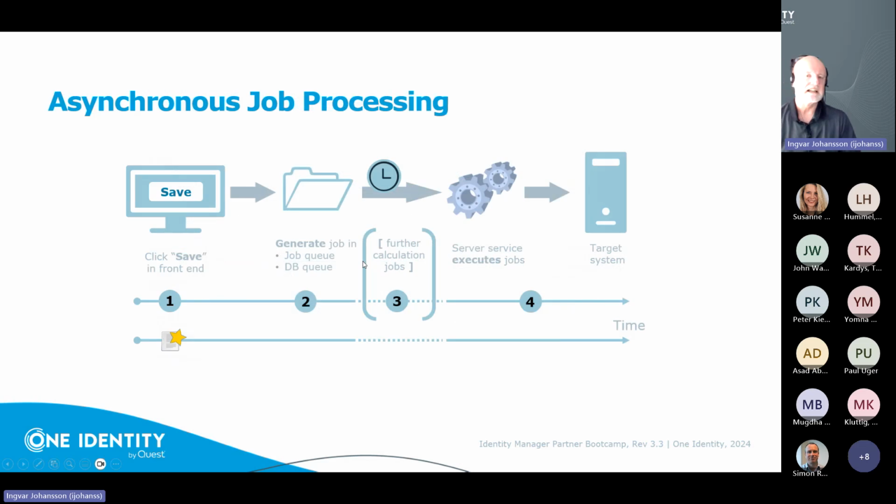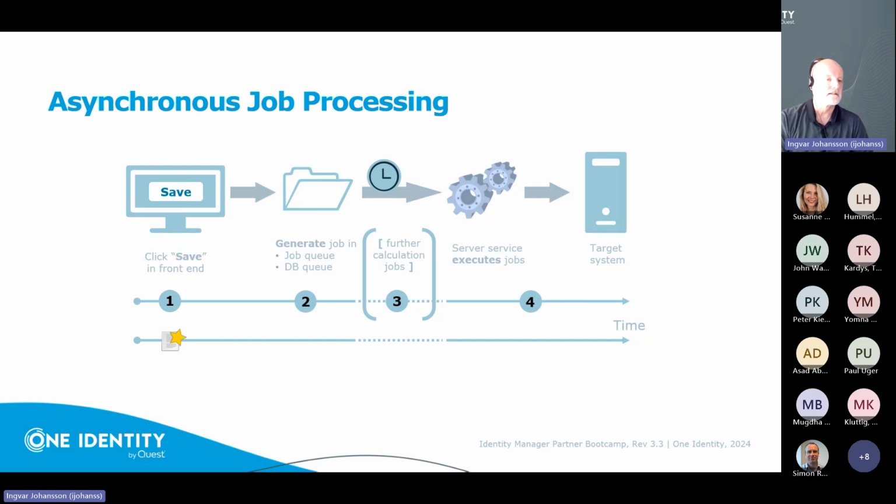And secondly, it's a completely asynchronous platform, which means that anything that a job server or a process chain initiates, for instance, is not going to be executed immediately. It will be put into a queue, and then it will be executed. And there are two types of queues inside the Identity Manager.